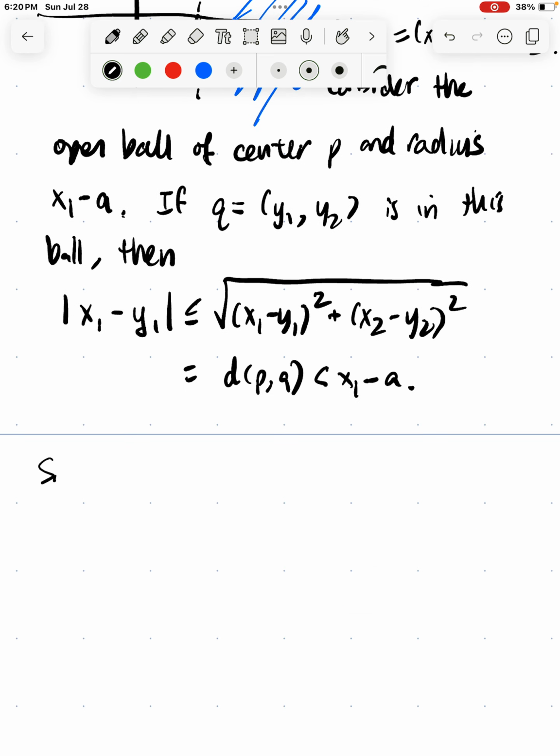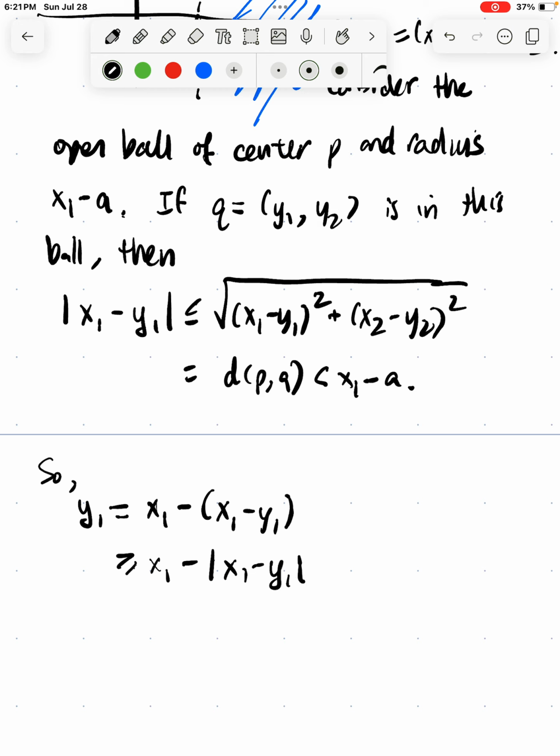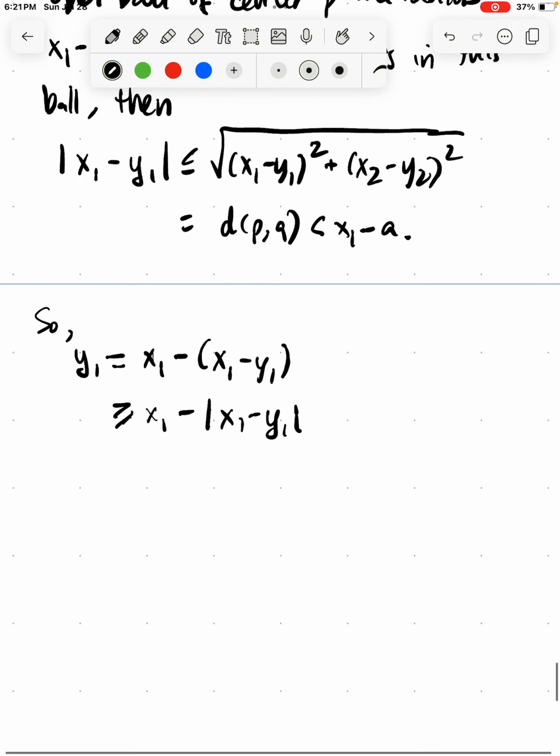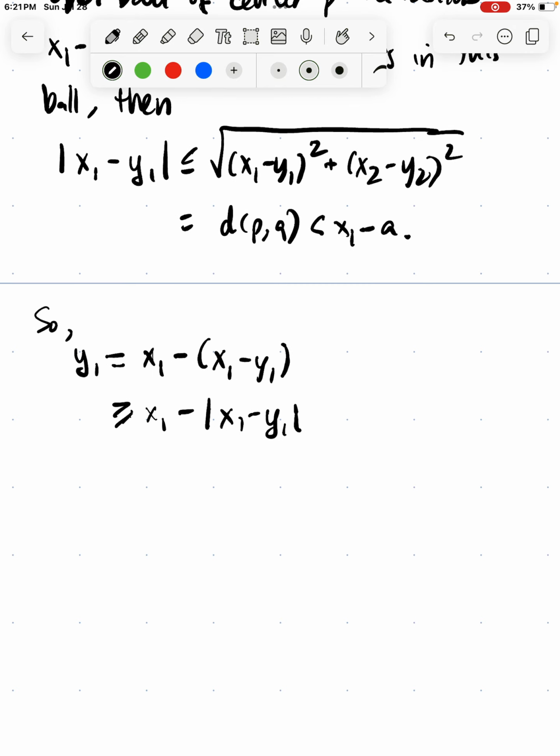All right? So what does that tell you? Well, we know that y1 is equal to x1 minus the quantity x1 minus y1. And this is greater than or equal to x1 minus the absolute value of x1 minus y1, because the absolute value is going to be greater than or equal to x1 minus y1. So when you subtract the absolute value, you're subtracting possibly a greater number.